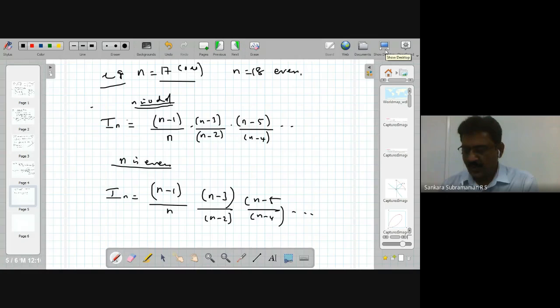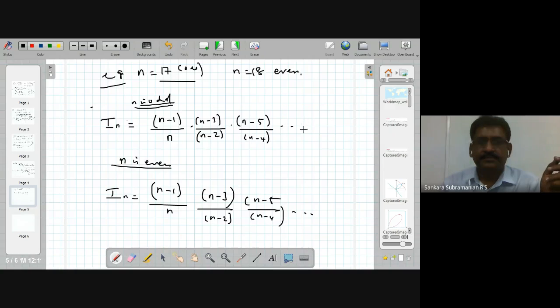So if n is odd, you will be getting 1/2 into pi by 2. If n is even, this will become 2 by 3 into... correct தான் சொன்னது, 3 தான் வரும், into இந்த இடத்துல pi by 2 நம்ம கால்குலேட் பண்ணி வச்சிருந்தோம்.